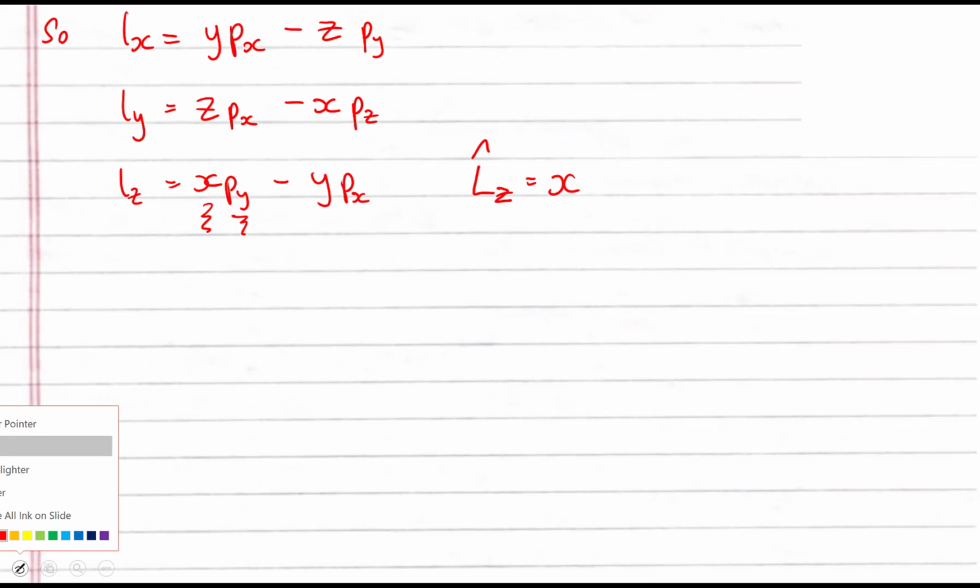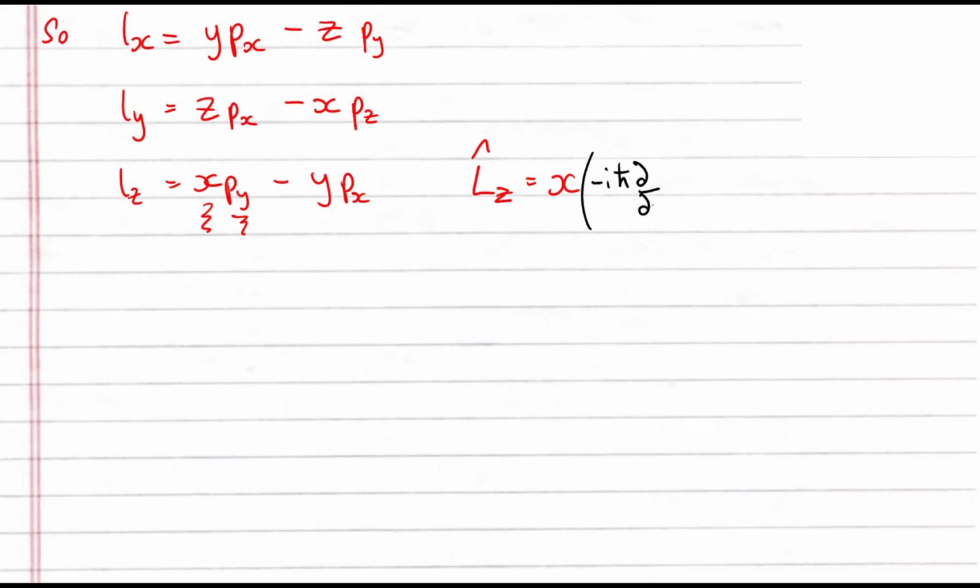We're going to add in the operator for linear momentum, which is minus i h bar d by dy, and then we've got minus, again, the operator for y multiplied by minus i h bar d by dx, and that comes from this in here.